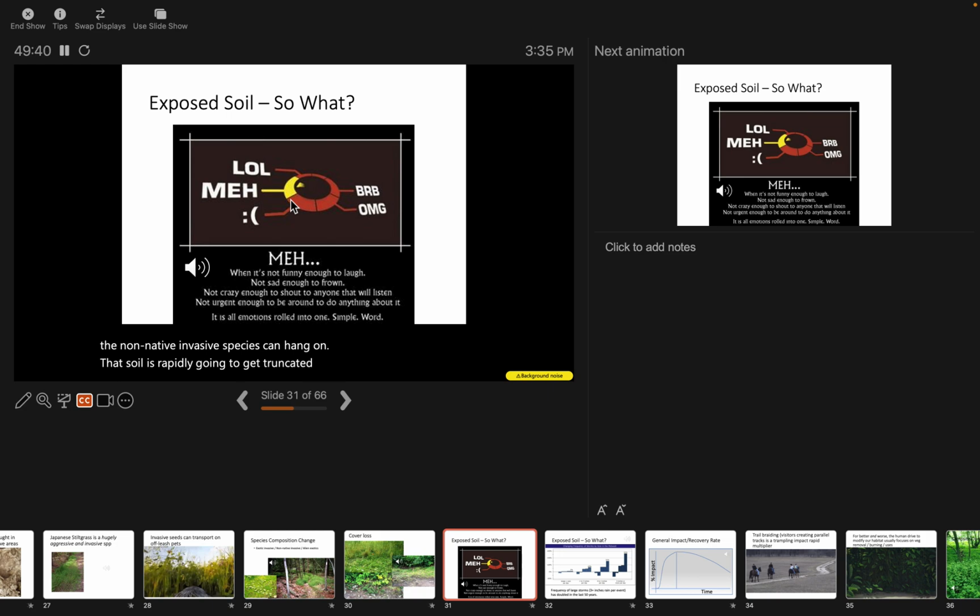We're going to cut off or erode away the biologically active upper layers of the soil, the O horizon, the A, maybe some of the B horizon. We're going to get down past that seed bank, or destroy the seed bank, down to mineral soil, and it's going to be years before those grasses or native forest forbs can outcompete the non-native stuff hanging on at the edges and grow back through and kind of heal that scar after it's opened up.